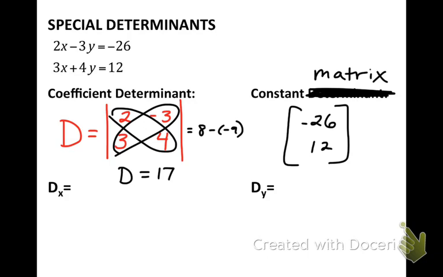So you're going to take your constants and input them in place of the coefficients of your x. So my D sub x determinant would be equal to negative 26, 12, negative 3, 4.